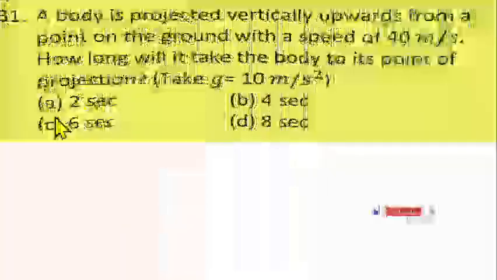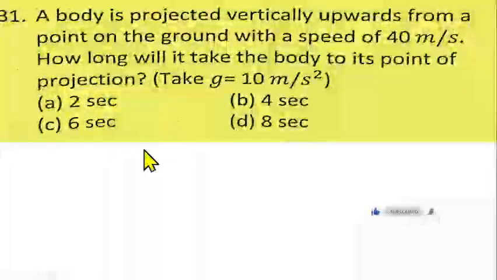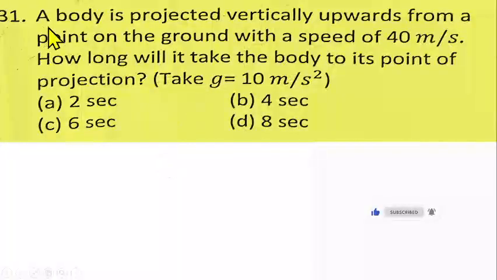Question number 31 is also still on motion. A body is projected vertically upward from a point on the ground with a speed of 40 meters per second. How long will it take the body to return to its point of projection? Taking g to be 10 meters per second squared.